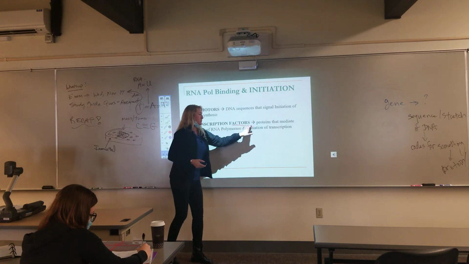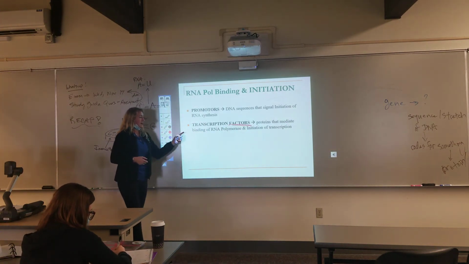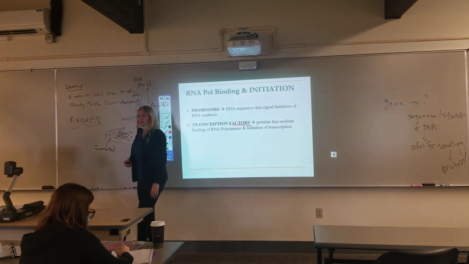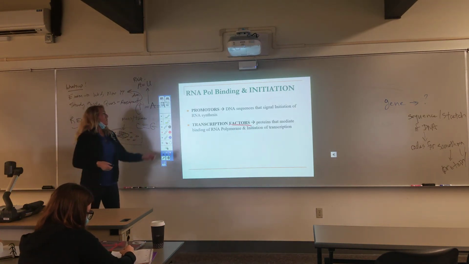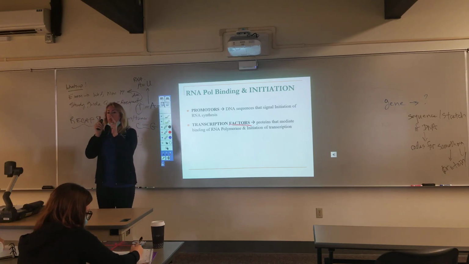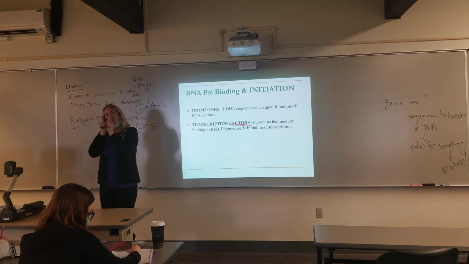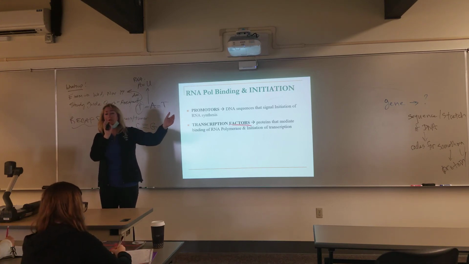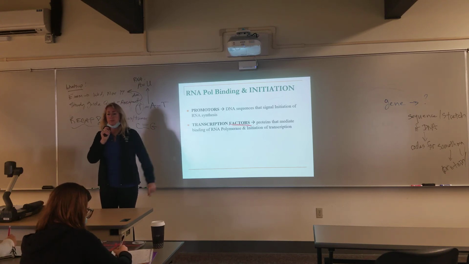Transcription factors are proteins that allow the binding of RNA polymerase and the initiation of transcription. So the promoter is the sequence on the DNA right upstream of that transcriptional unit, saying, hey, this is where we start, this is where we need to transcribe and turn this gene or this transcriptional unit into a transcript.